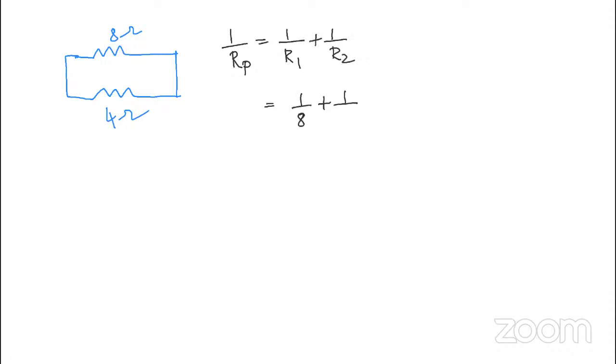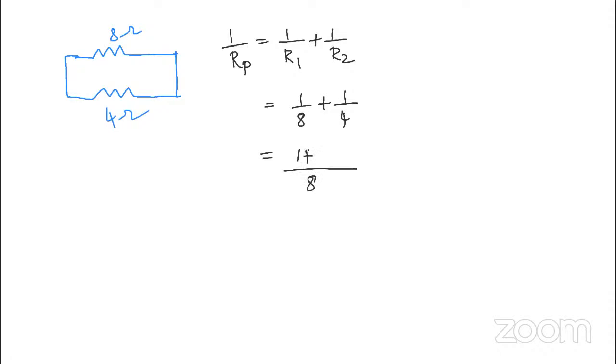So here it is 8 ohms and here it is 4 ohms. Okay, both of them are connected in parallel. So what is the formula here? 1 by RP equals 1 by R1 plus 1 by R2. Okay. So here what is the value? It is 1 by 8 and it is 1 by 4. So it is 1 plus, here we have to take 8 as the common denominator.